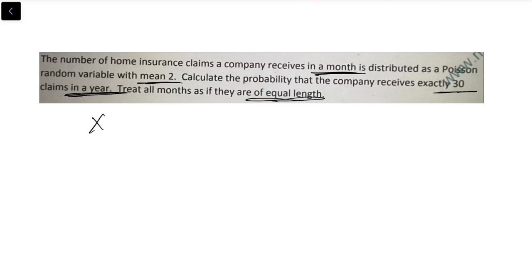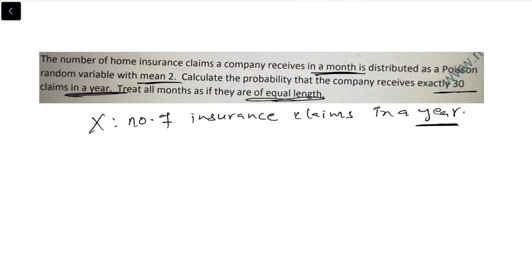So now let's define x. X is the number of home insurance claims in a year. So we are defining this in a year, and we are given Poisson lambda 2. So if we write x follows Poisson, then we need to change this 2 because this is per month.